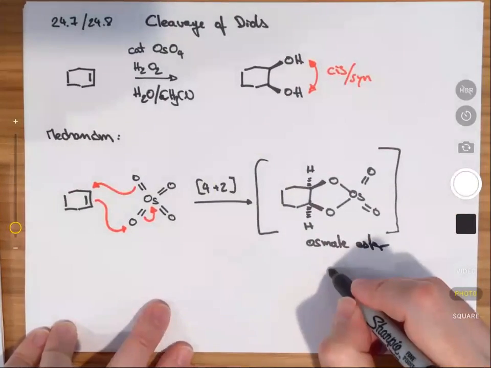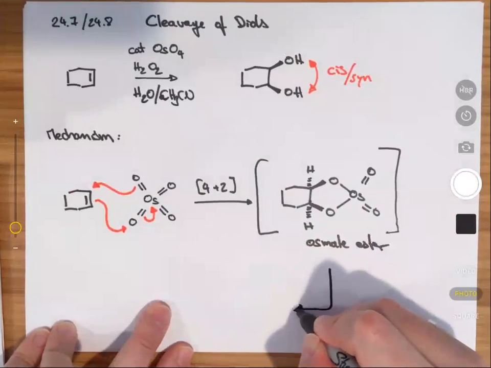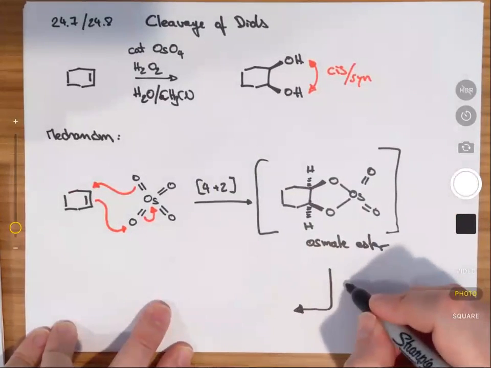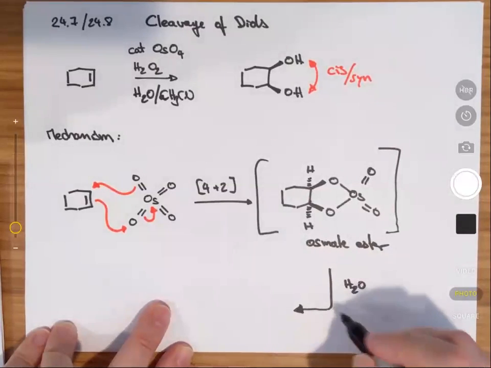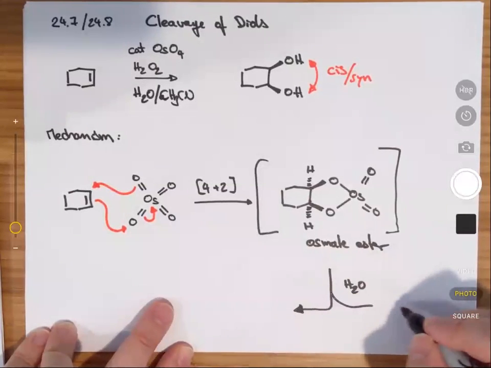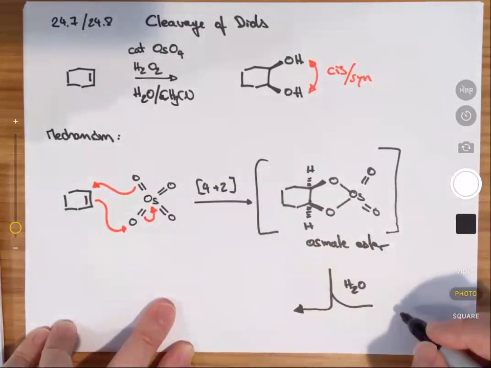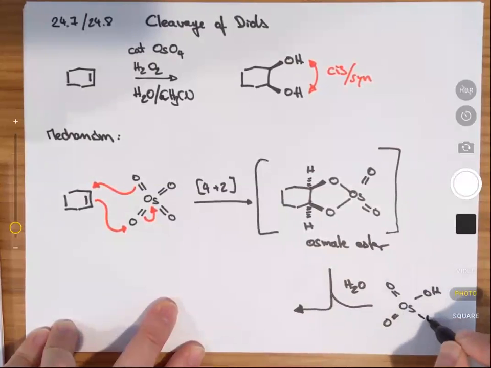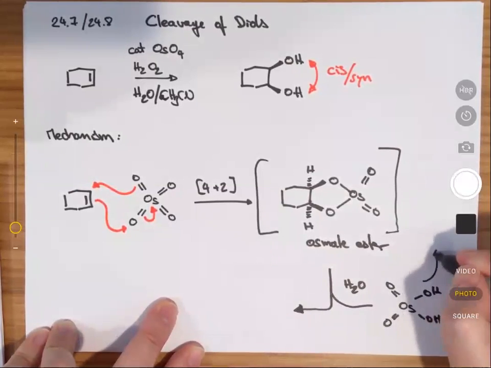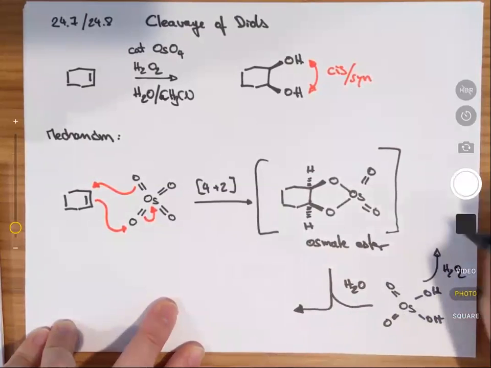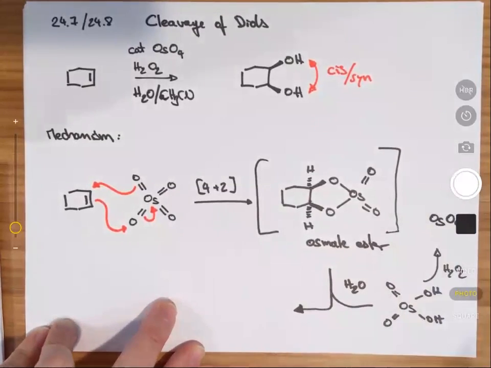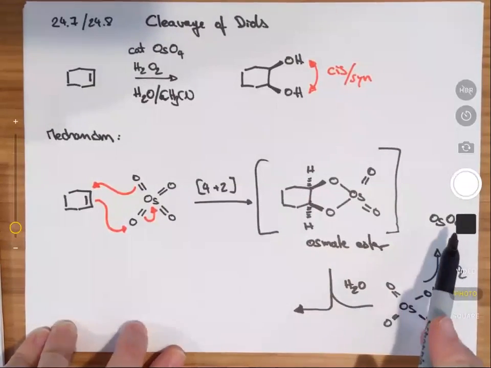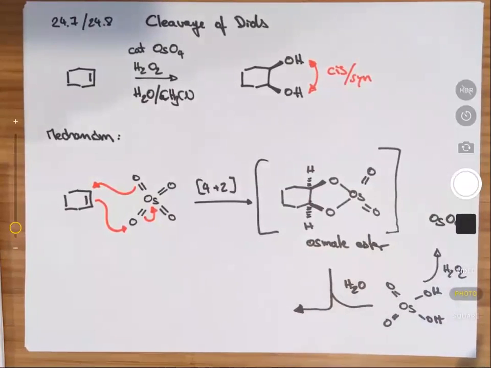And then if you turn this reaction over, so you basically hydrolyze this osmate ester, H2O, you're generating the reduced species of the osmium. So this is then osmium 6, OH, and this can then be recycled with H2O2 to osmium tetroxide again. So basically this is the oxidation, again, to regenerate your catalytic amount of the osmium tetroxide.